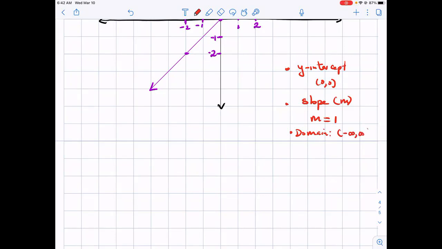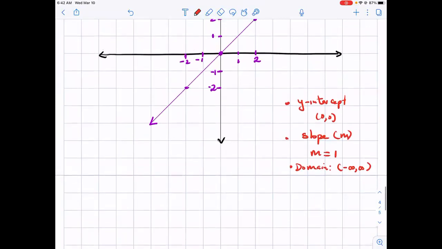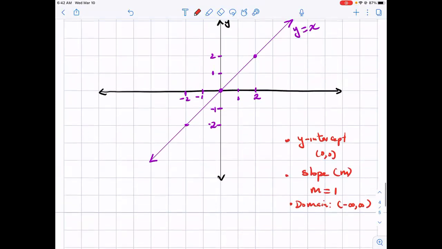So remember, domain is the set of acceptable x values. By looking at the graph, you can see that no matter where on the x-axis you go, there is a corresponding y value. We do have a video on how to find domain and range. If you want to refresh on that, please look at that video.